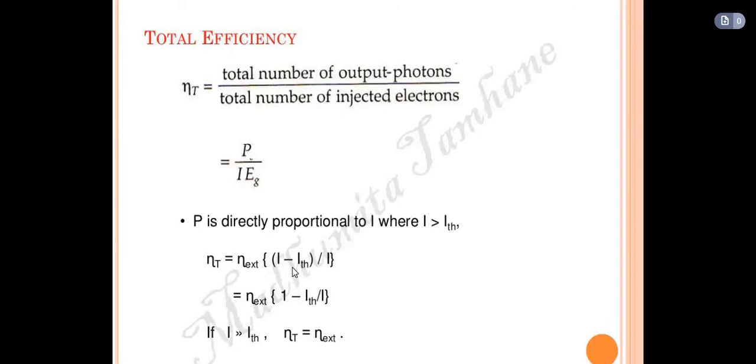How we got it previously, like gth minus alpha bar, that same thing we are assuming here as current parameters. Using these current parameters, we can find the relation. For example, if your current is much greater than the threshold current, eta t, the total efficiency, equals eta of external.